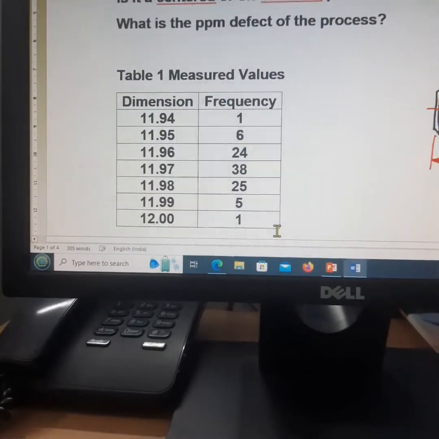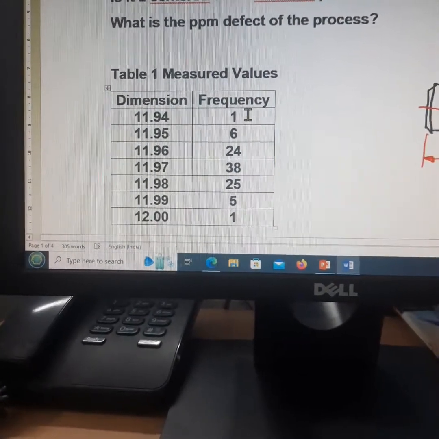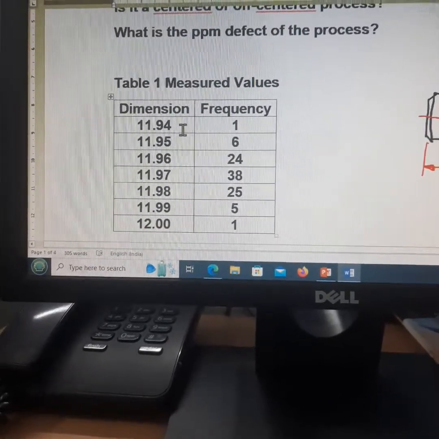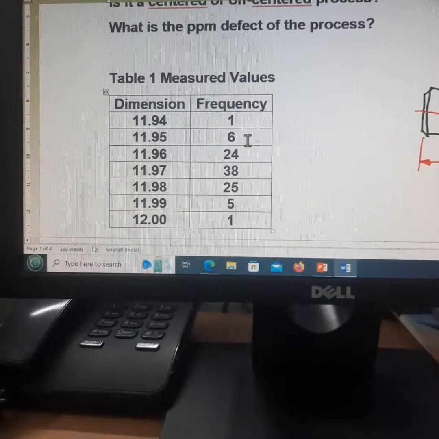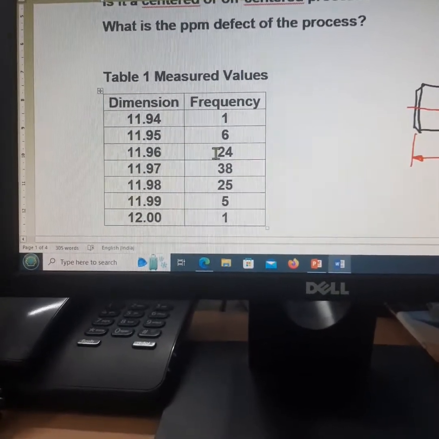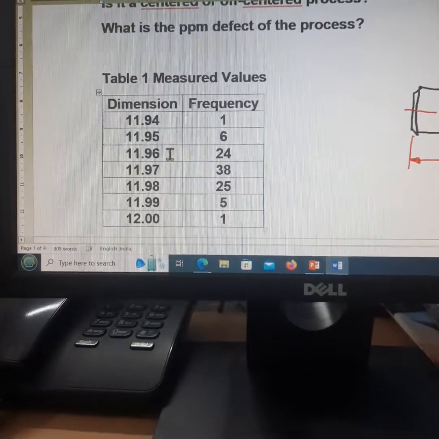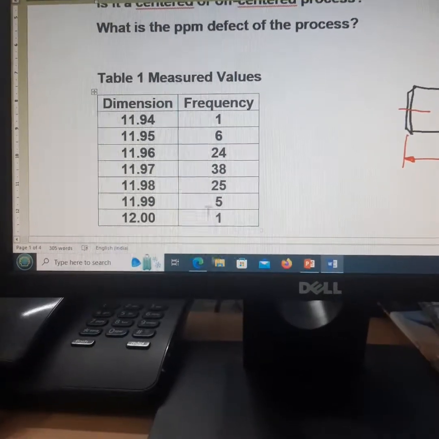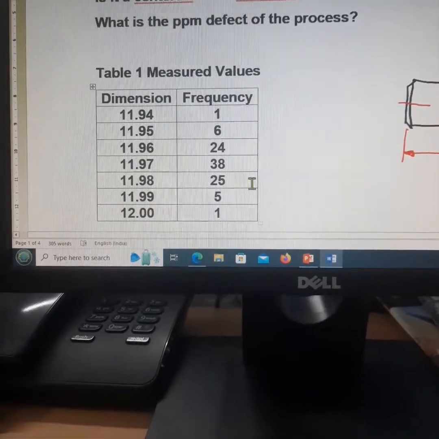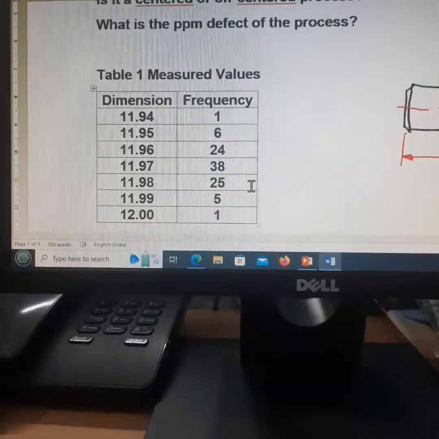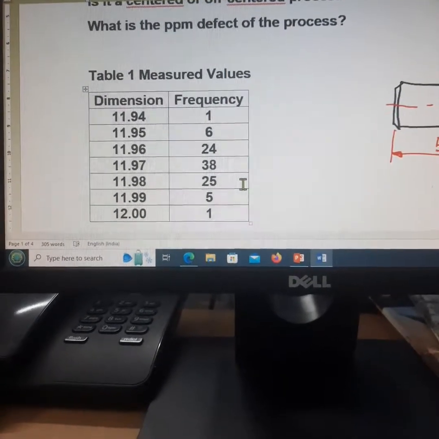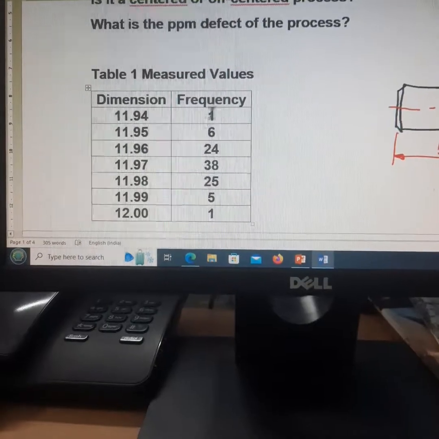Out of the 100 samples, one sample measures 11.94. 6 samples measure 11.95. 24 samples measure 11.96. All the values of these 100 samples are measured using a measuring instrument and recorded.